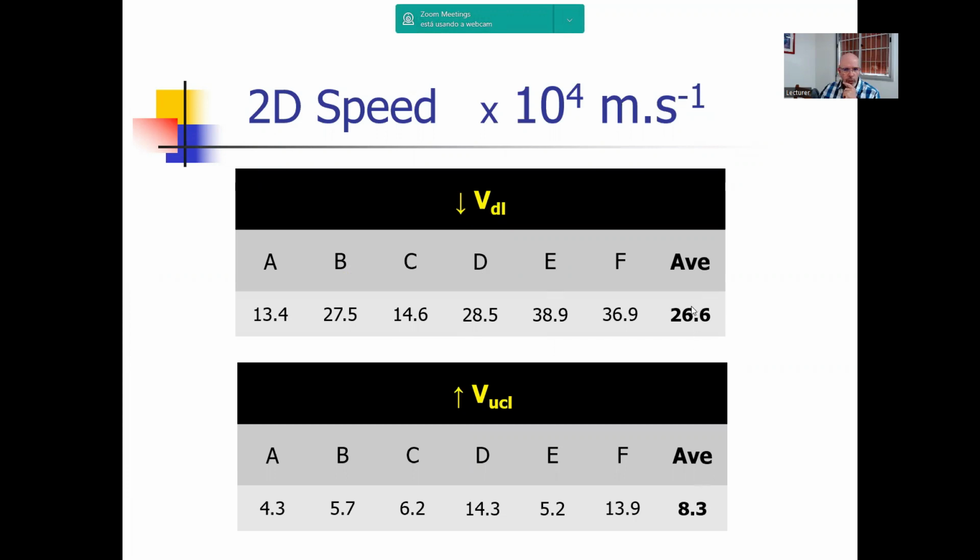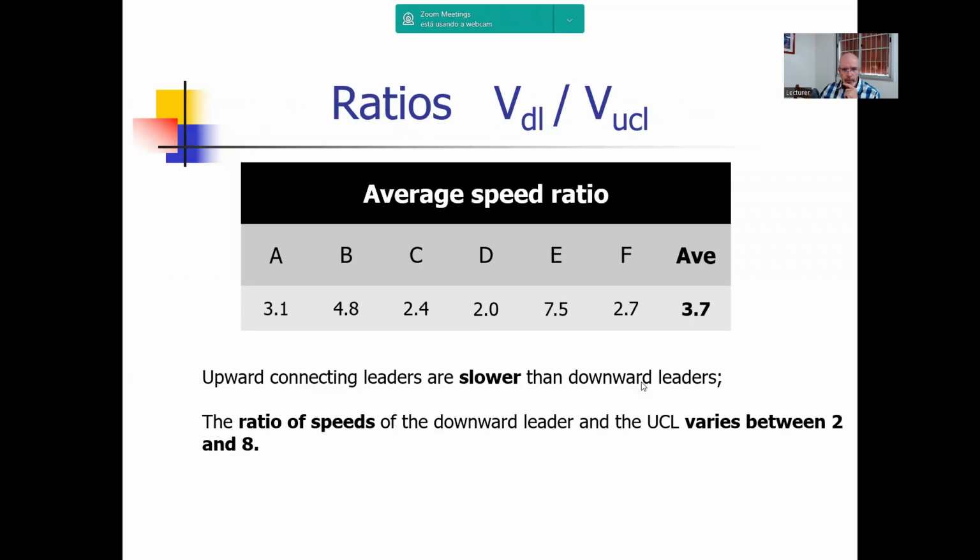And we see that always the downward speed is higher than the speed of the upward leaders. If we take the ratio between the downward leader speed and the upward connecting leader speed, we'll see that this ratio varies between 2 and 8, having an average of almost 4.